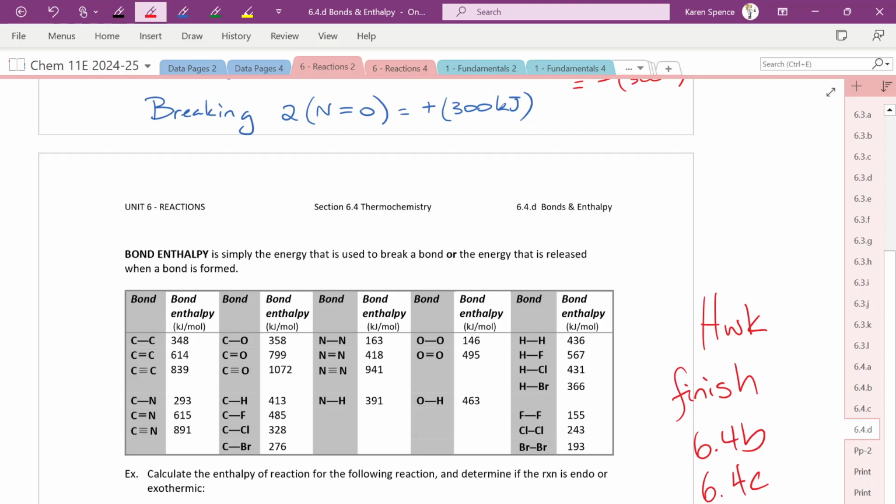Although in chemistry, when we're looking at a reaction, that energy comes out and we just assume it's part of the reaction. When energy comes in, we assume it's part of the reaction.